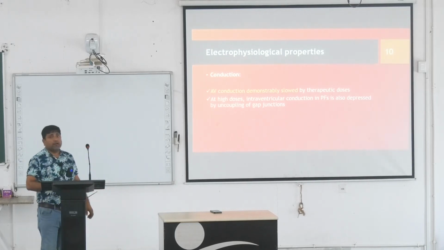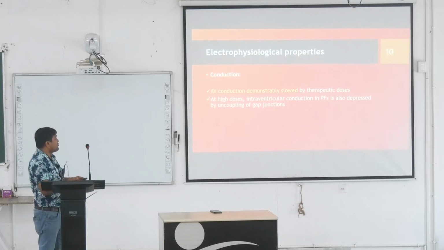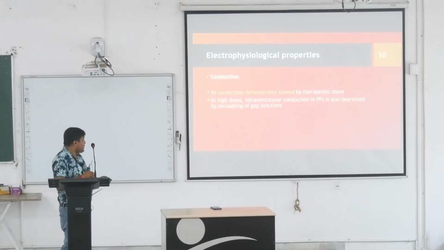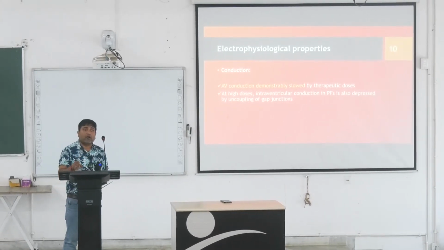Conduction: the atrioventricular conduction is slowed by the therapeutic dose. But at toxic doses, intraventricular conduction in the Purkinje fibers is also decreased.